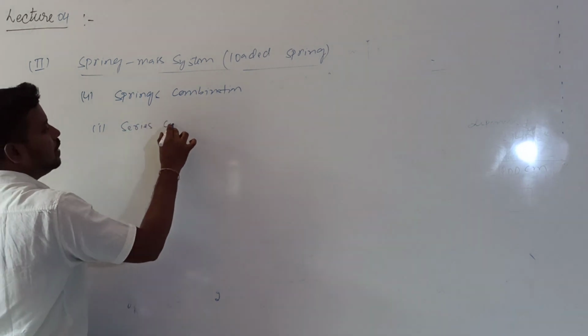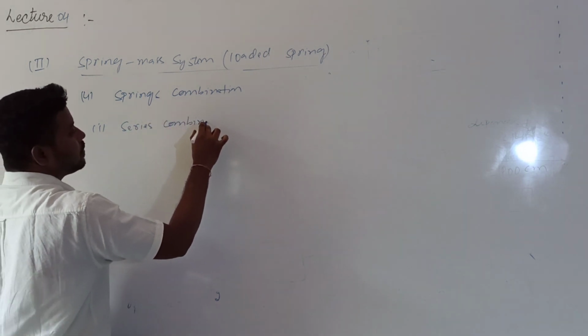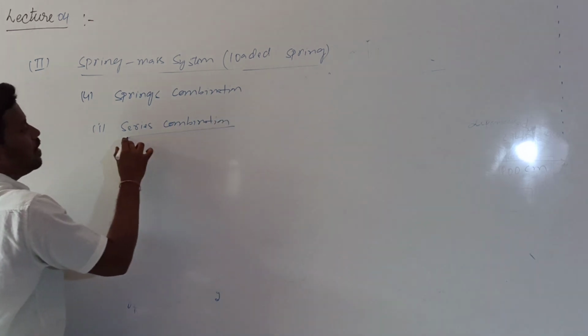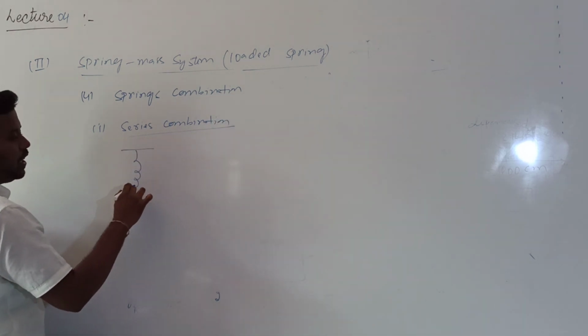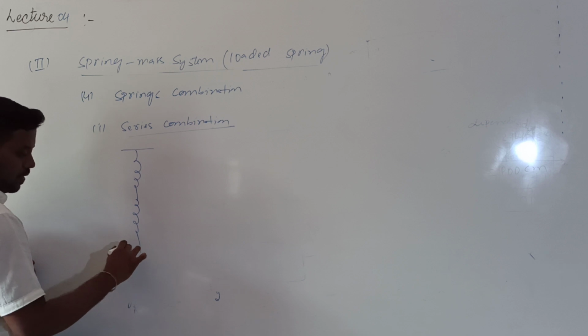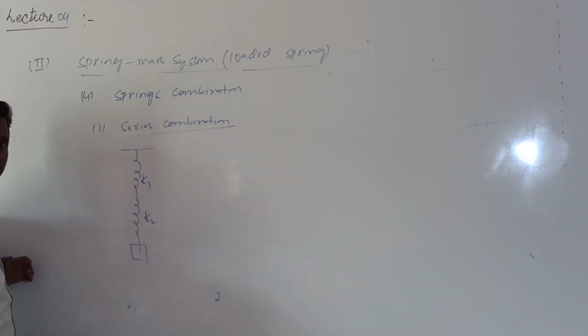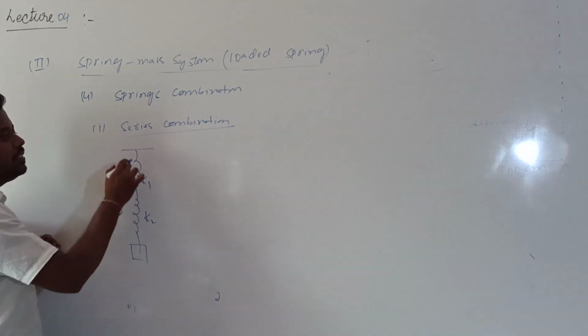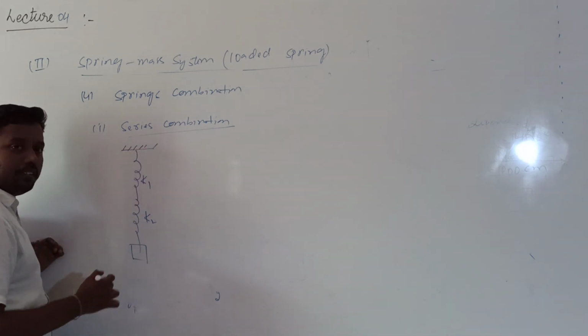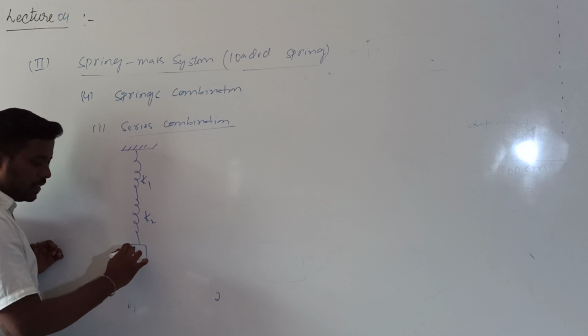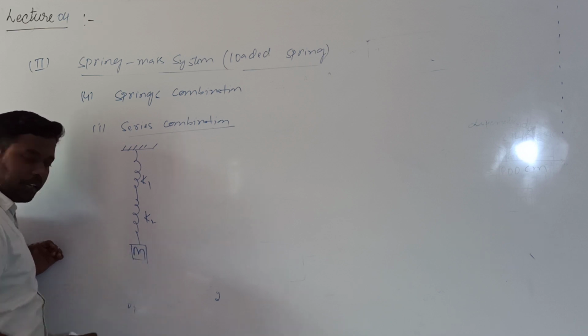Let us consider two springs of spring constant values K1 and K2. The first spring has spring constant K1, the second spring has spring constant K2, connected in series. Series means joined end to end, and a block of mass M is attached to the free end of the second spring.